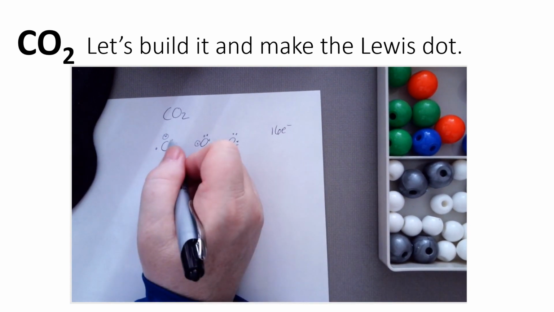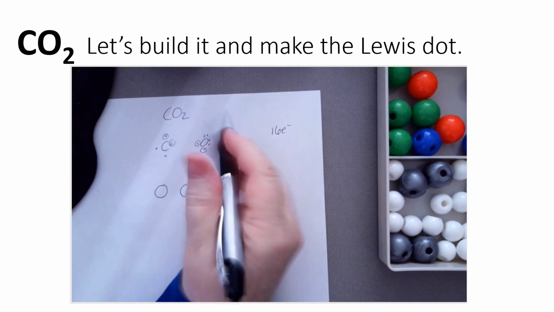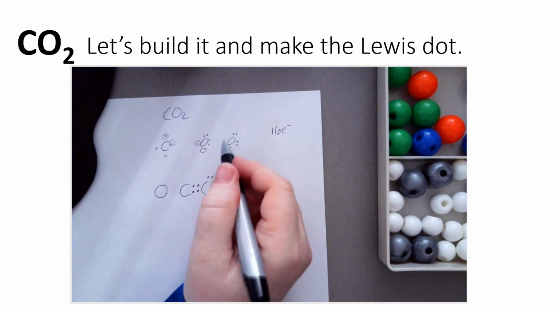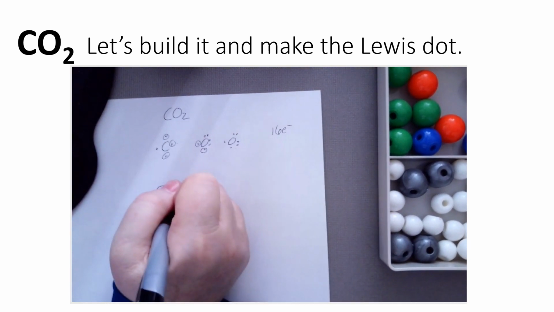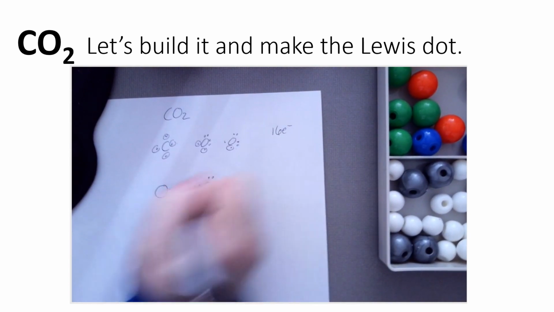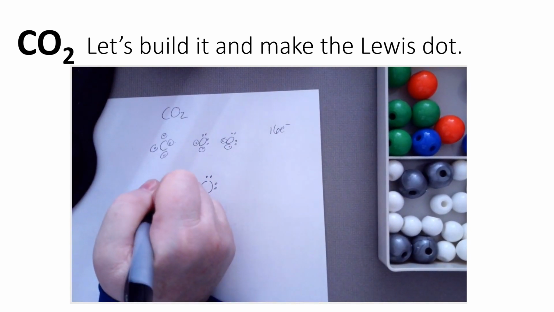But this one is another one, so I'm going to take this one and this one. Okay, so that accounted for all those unpaired, but this oxygen has two paired like this. I'm going to repeat the same thing on this side. Take this one from carbon, this one from oxygen, this one from carbon, this one from oxygen. And then the oxygen has the two pairs like this.